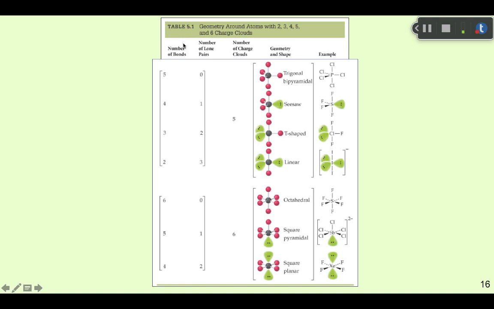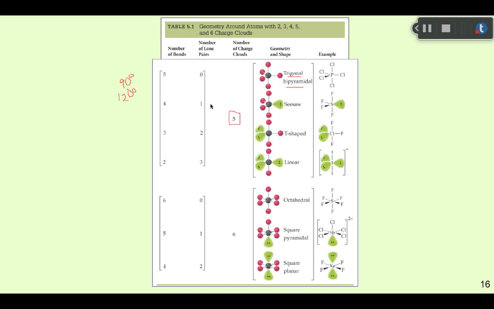When you get to higher numbers, it's still the total number of charged clouds that gives us geometry around each of the central atoms, whether it's bonds and no lone pairs or bonds with some lone pairs that add up to 5. We're looking at the trigonal bipyramidal, 2 pyramids with a triangle base stacked on each other, face to face, giving us bond angles that are going to be 90 degrees between axial and equatorial, and 120 degrees between the equatorial positions.